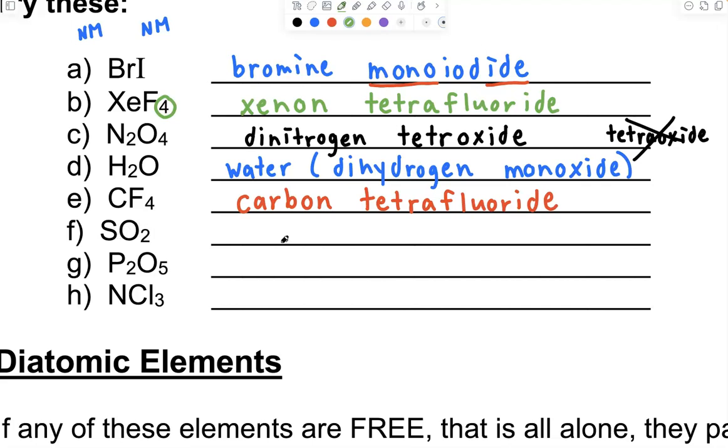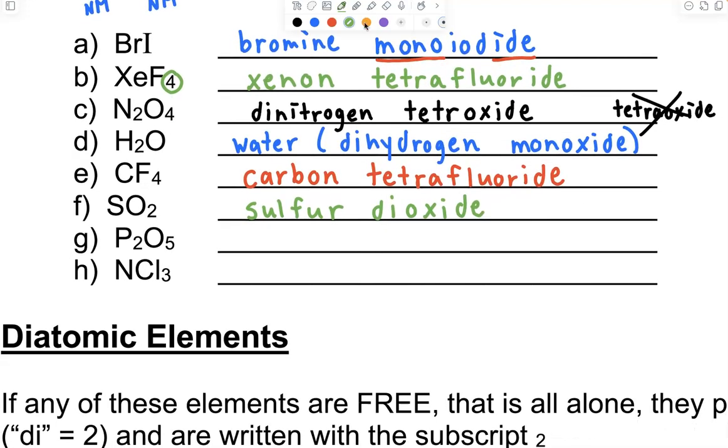SO2. S, there's 1 of them, so that's our sulfur. There are 2 oxygen, so we use the prefix of dioxide. P2O5, both of these nonmetals. There's 2 phosphorus.